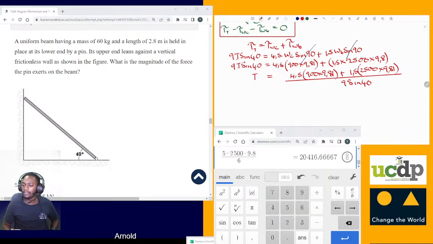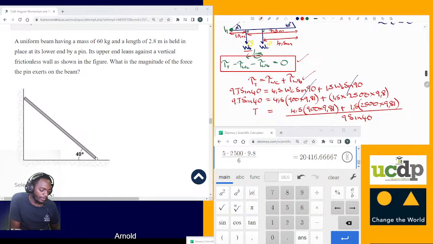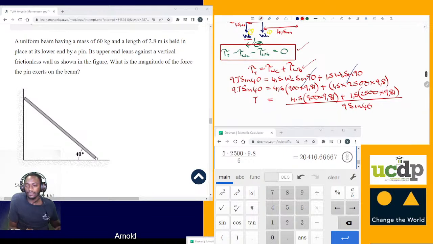So that is how we break it down. And so basically this was just substitution. If you understood how we formulated this equation, then the rest is substitution basically. So what we now have to do is just to punch it in and see what we get.